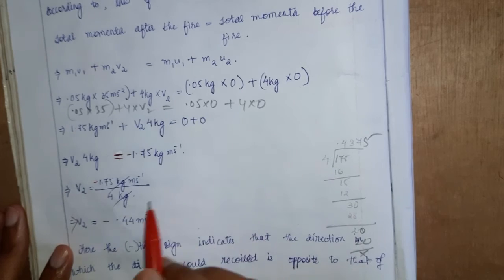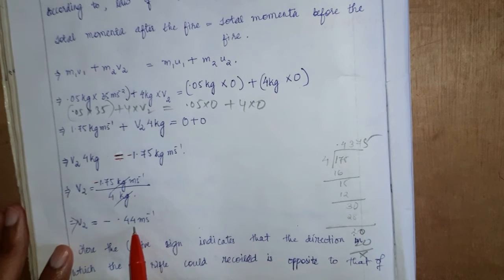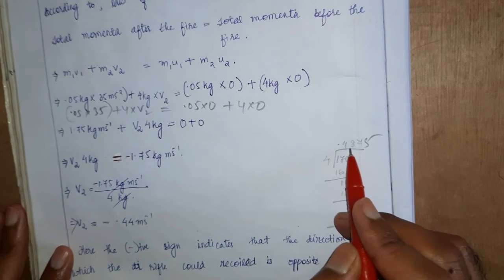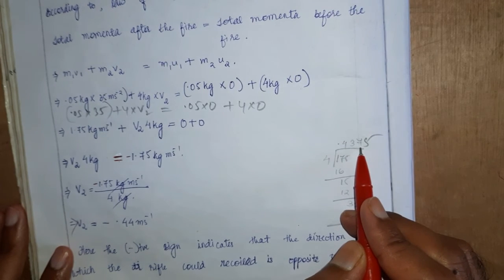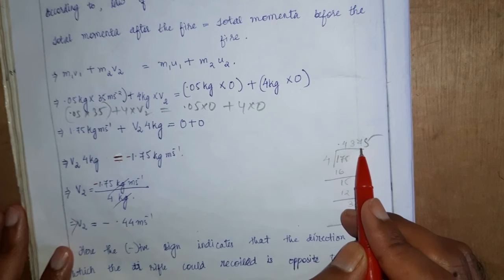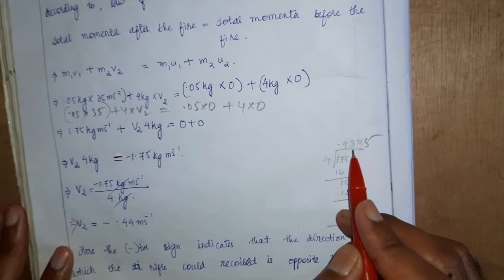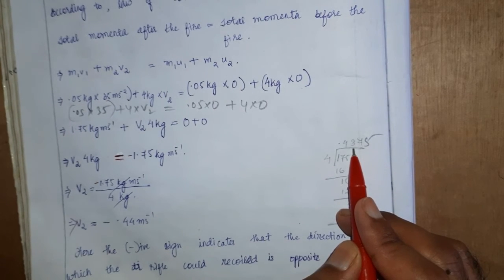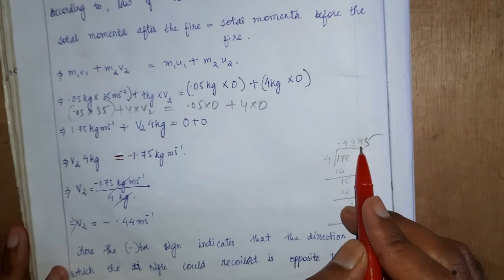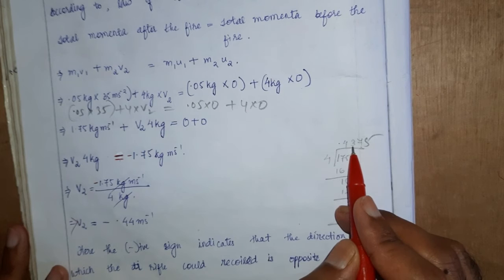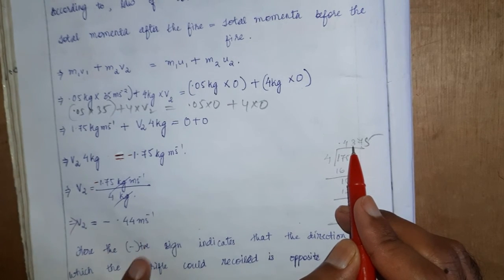So if you choose to write till 2 decimal places, only 2 digits, then you have to check the third one. If the third digit is more than 5 or equal to 5, the second digit will become one more than its existing value. Since it is 7, this will become 4, so 0.44.